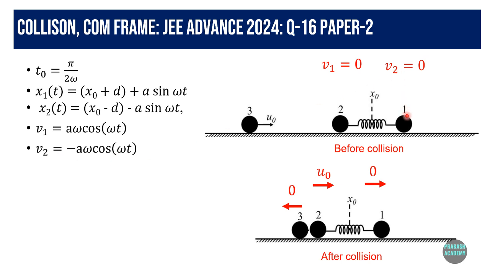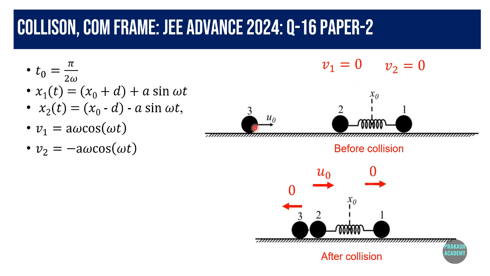So this particle is at its extreme position, this is also at its extreme position, and velocity of both is 0. And this happens basically in case of SHM. At extreme position, velocities are 0. So this is the situation before the collision.